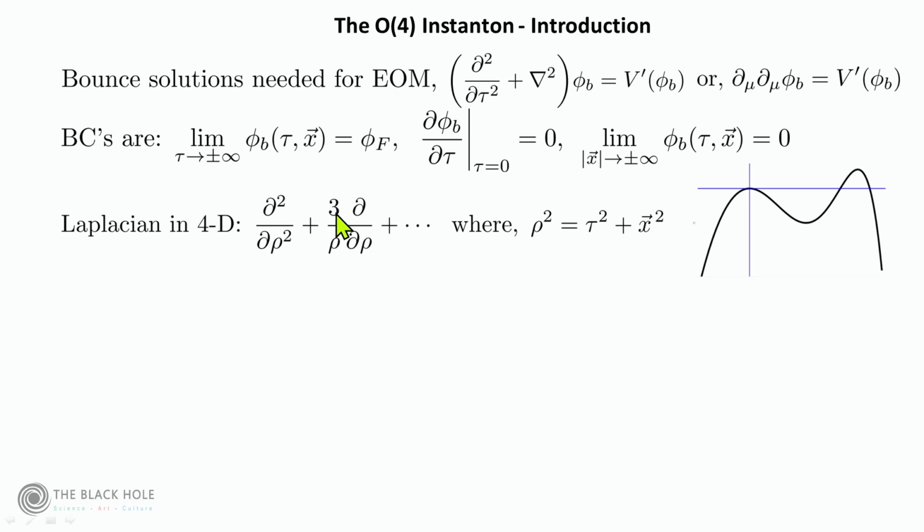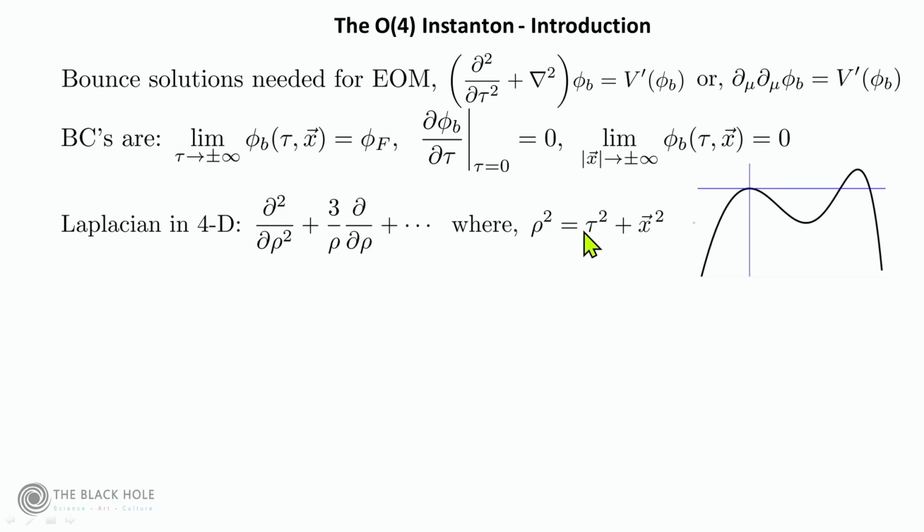So the usual polar coordinates. In spherical coordinates, we would have a 2 over rho. I'm sure you remember that from your study of the hydrogen atom. In 4 dimensions, we have 3. And okay, so rho squared is this thing. This is the radial distance in 4 dimensions.